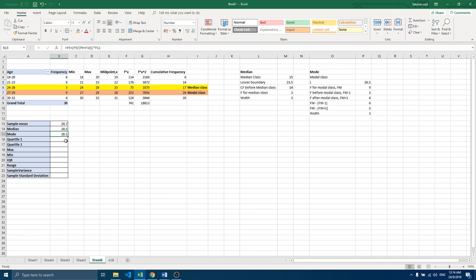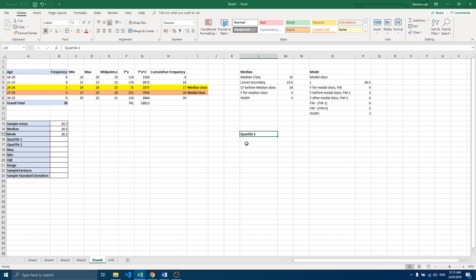Okay. So now how to find quartile 1, quartile 2. Quartile 1 for group data. So for quartile 1, first you have to find which class we'll consider as the quartile 1.